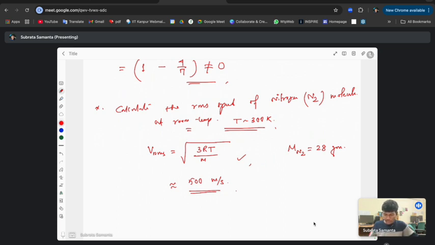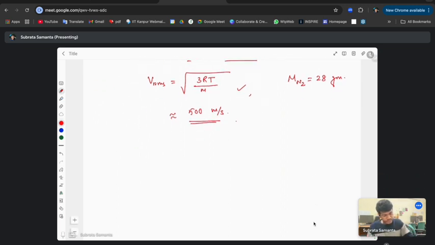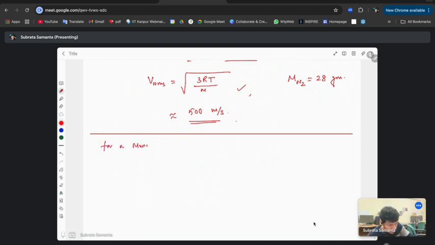And there is also another problem. Let's say for a monatomic gas, the average kinetic energy is 3 over 2 kBT.